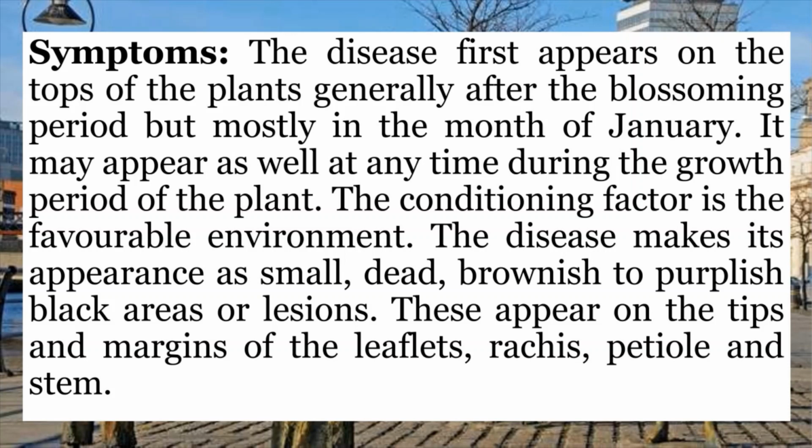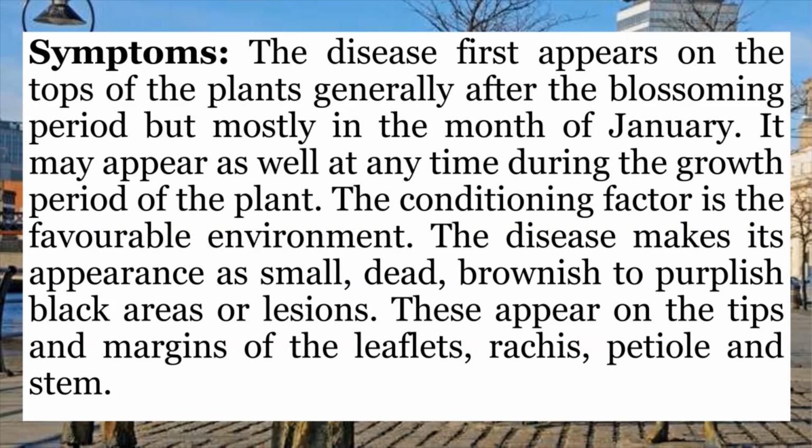The symptoms appear on the top of the plants generally after blossoming of the flowering period, but mostly in the month of January. It may appear any time in the period of the growth of the plant. The disease appears as small, dead, brownish, purple, black lesions or spots.